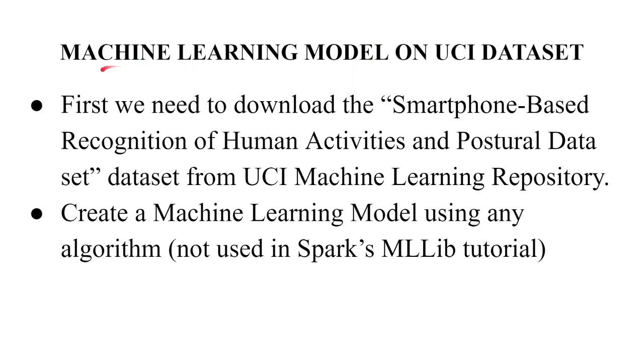The next part was we had to use a machine learning model on a UCI database for smartphone-based recognition of human activities and postures dataset. In this part we had to create a machine learning model and use any algorithm except the one we used previously in the tutorial part.